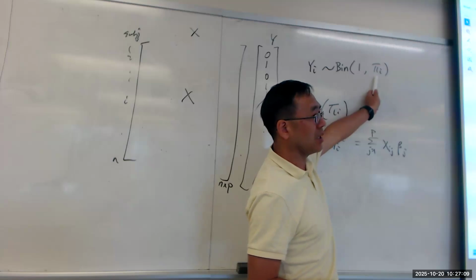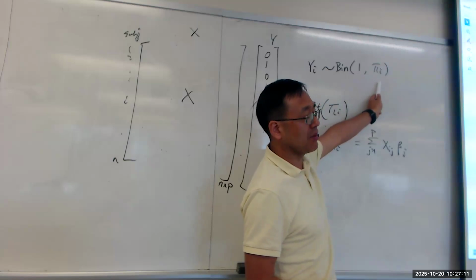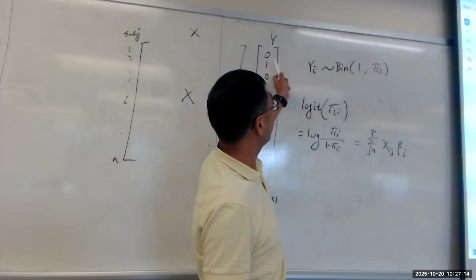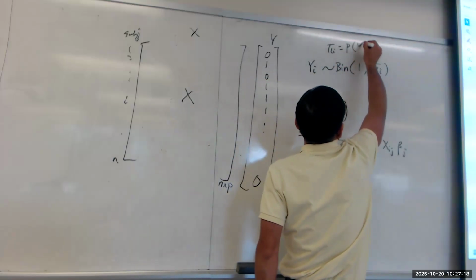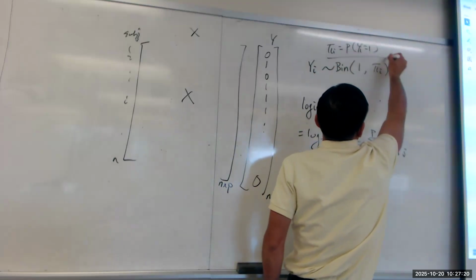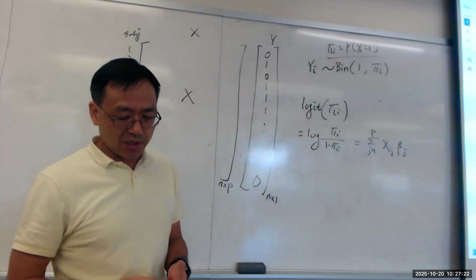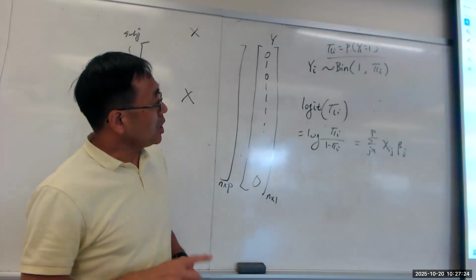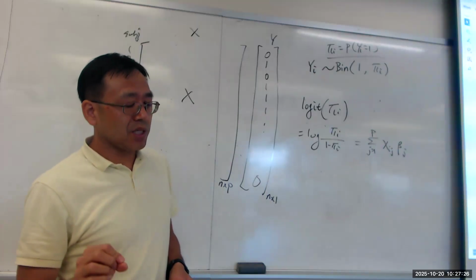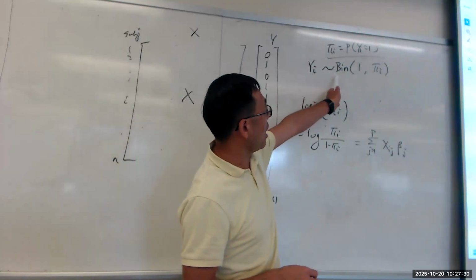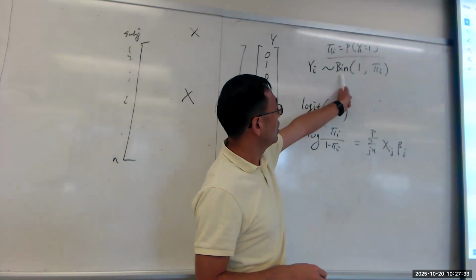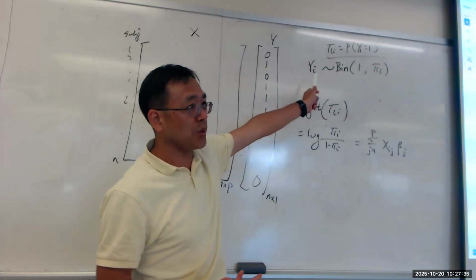So logistic regression is basically saying that for each subject, you're going to have some kind of success probability, right? pi i is the probability that yi equals 1. Each subject will have a success probability, and that probability you can describe using the binomial or Bernoulli distribution.